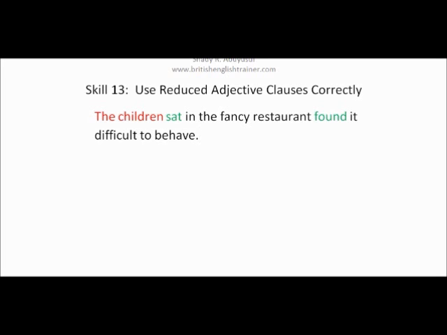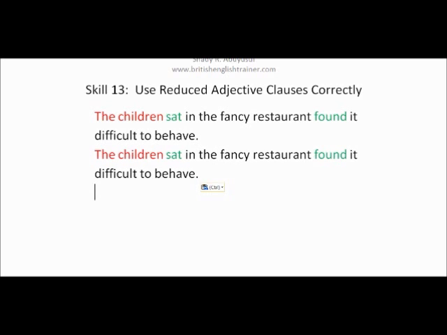Well, the right answer is, we need to think of the original form of that sentence. This sentence originally was like this. Let me show you the original form of this sentence. Look at this one. Originally, this sentence was like this. The children who sat.